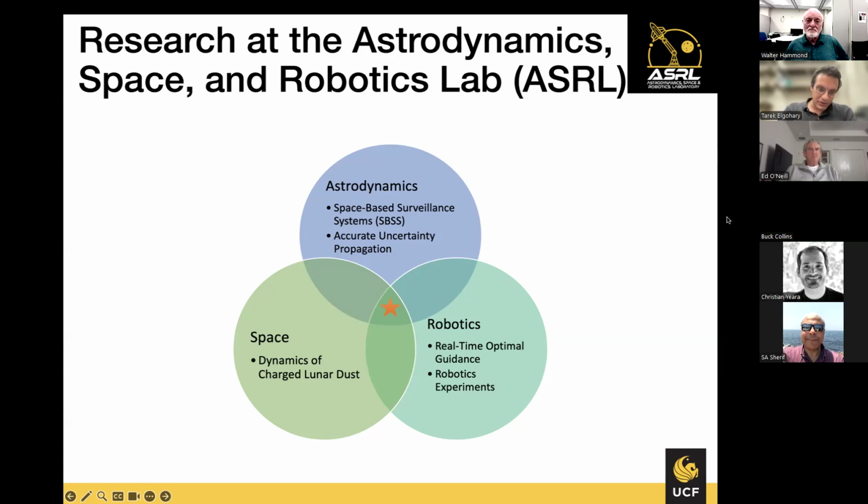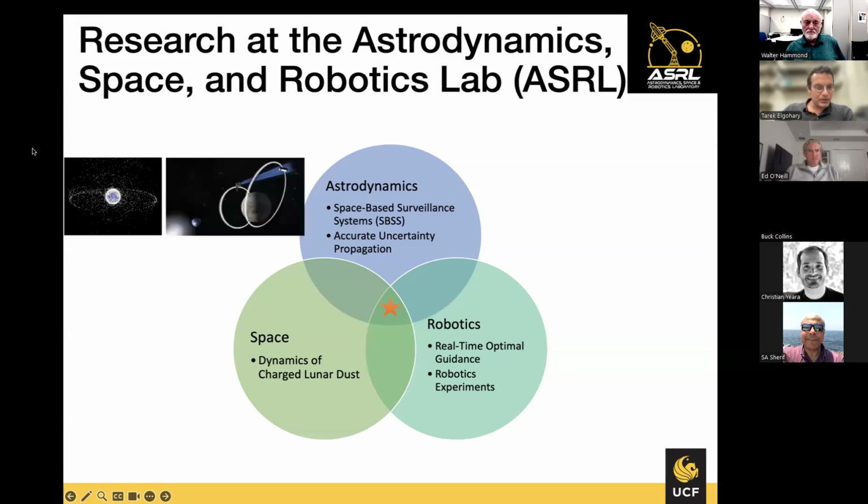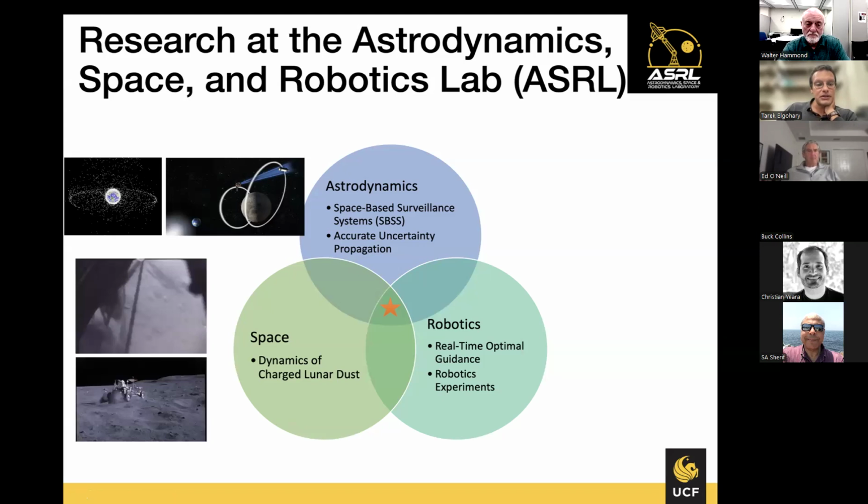We do a few things in my lab. We do astrodynamics, we do space science related research, and we do robotics, which is an overarching word for guidance, control, dynamics, and robotics. For astrodynamics, obviously, we're interested in debris and space domain awareness applications. For the space part, we're looking at dynamics of lunar dust. More recently, we were awarded a grant from NASA to look into passive lunar dust mitigation, and I'm doing the modeling and simulation of that problem.